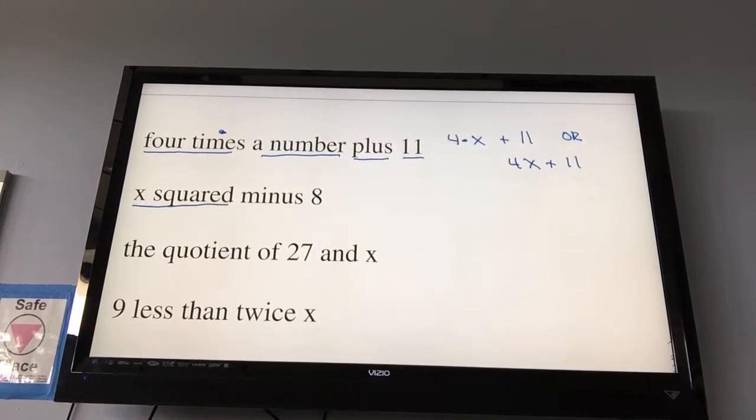X squared, what does squared mean to do? Besides the obvious answer. Put a little 2 up there. Because I was waiting for somebody to say square means to square, but I want to know specifically. Put a little 2 up there. So x squared minus 8.